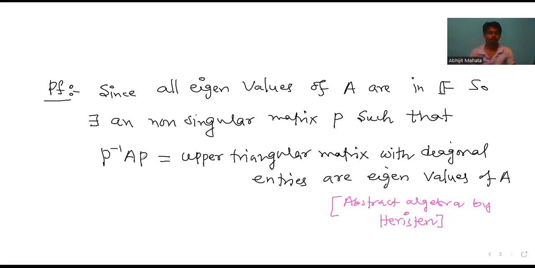If you have a matrix whose eigenvalues are all in the base field F, then that matrix is similar to an upper triangular matrix. Now, once we know this, we will deal with the upper triangular matrix from now on.